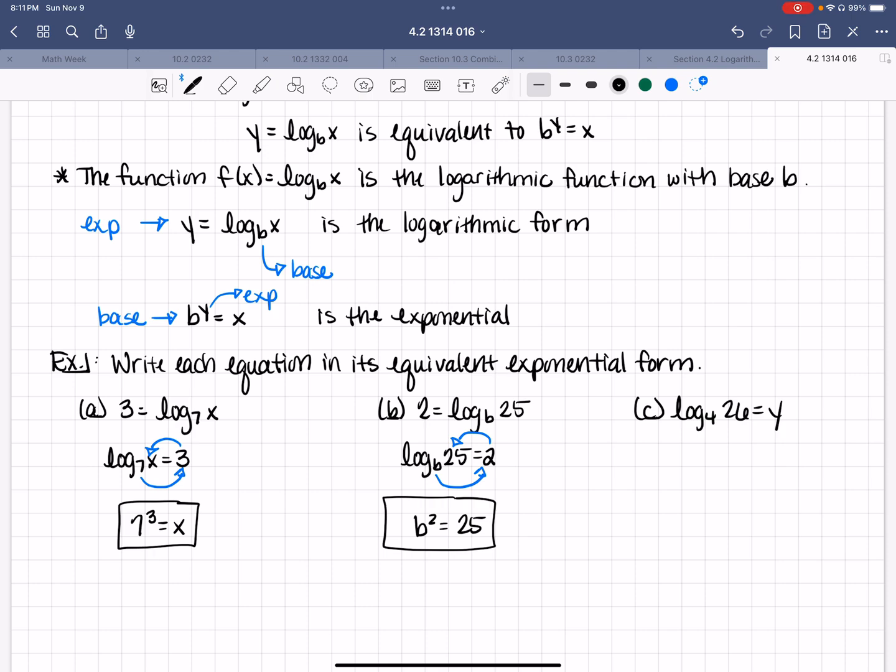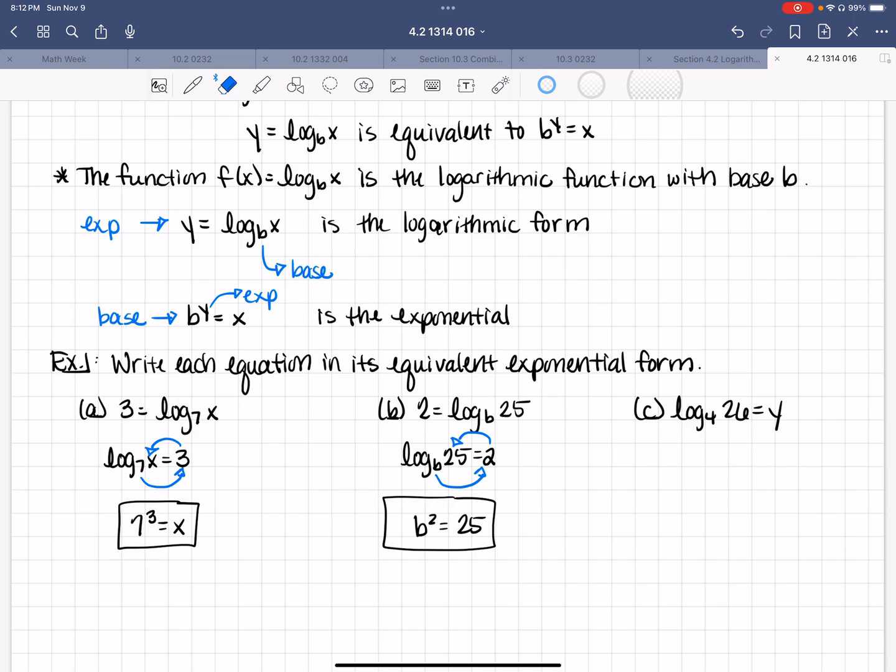Then on C, if I rewrite that, that's really saying y equals log base 4 of 26, which I really don't need to rewrite. That one was okay.